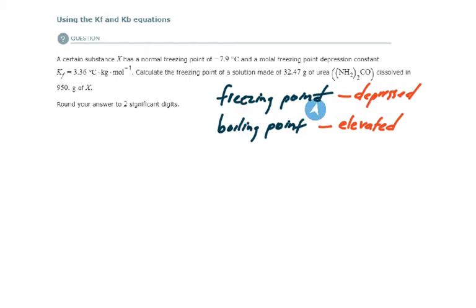And it also has a reverse effect. In the summer, it elevates the boiling point to make it boil at a higher temperature than it normally would. So how do we find the freezing point depression and the boiling point elevation? That's done with two very, very easy to use formulas.